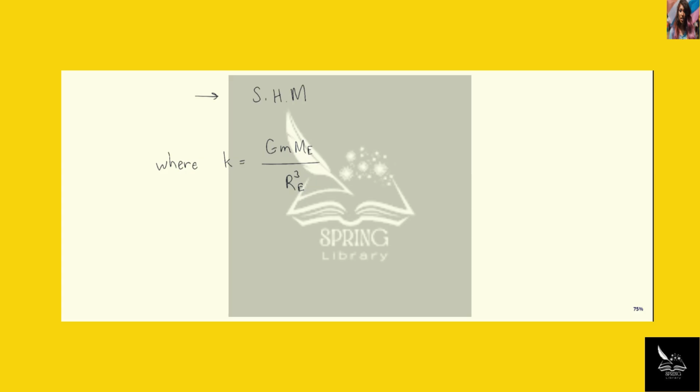Now the time for the apple to return is the period, and we can use the spring constant to find this period. And so the period using the effective spring constant, T, is 2 pi times the square root of m over k.